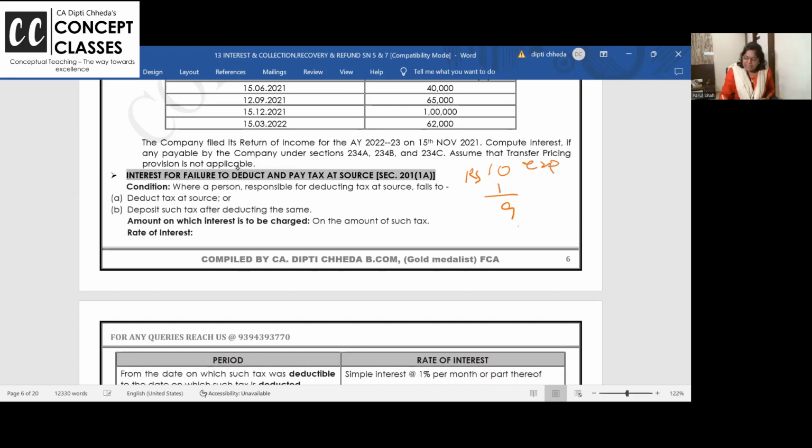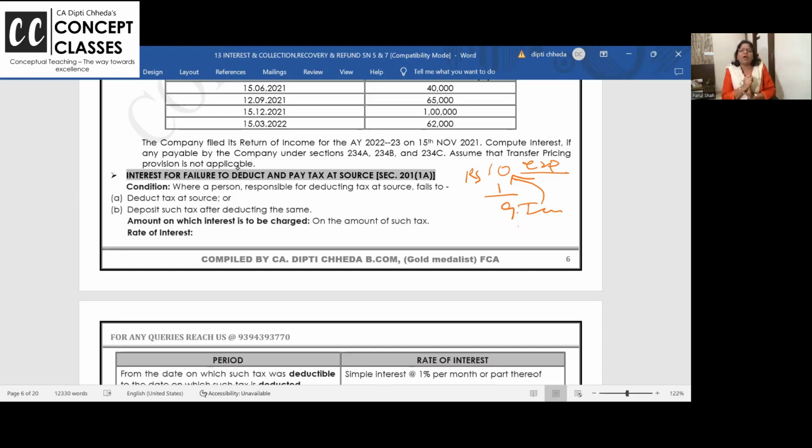My expense is 10. Your income is also 10. But you receive 9 rupees in your hand, right? And 1 rupee I'm keeping in my pocket. It's a bigger crime. This 1 rupee is not my money. This is government's money.